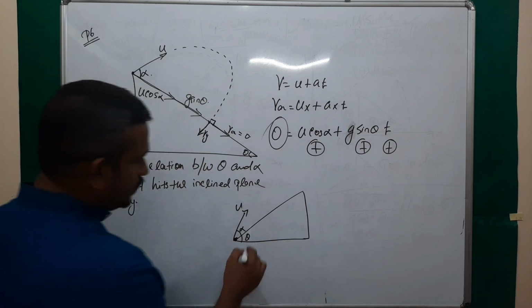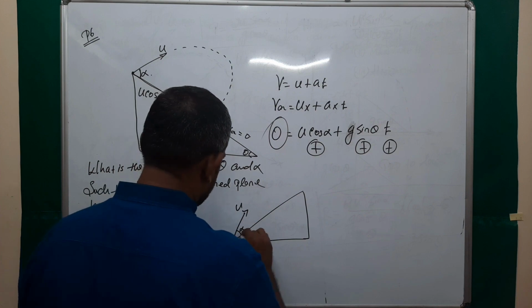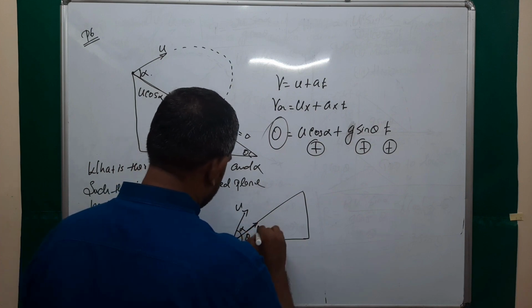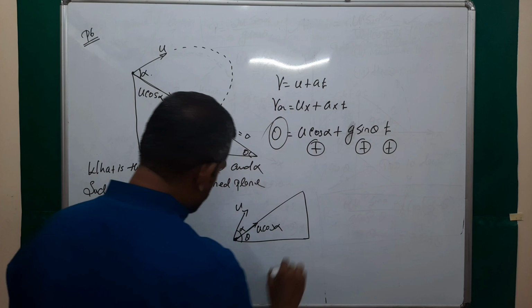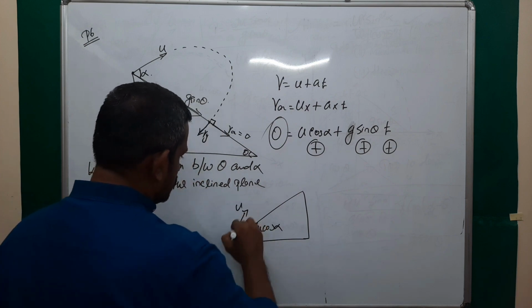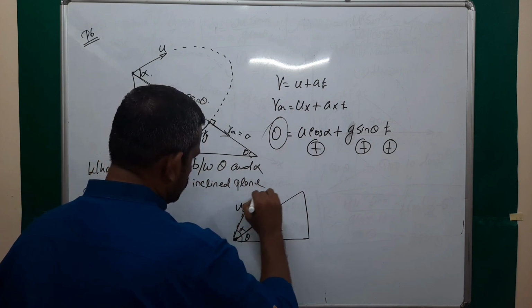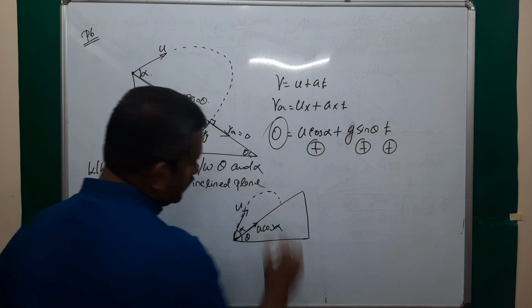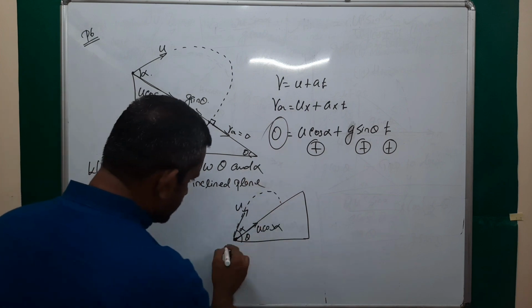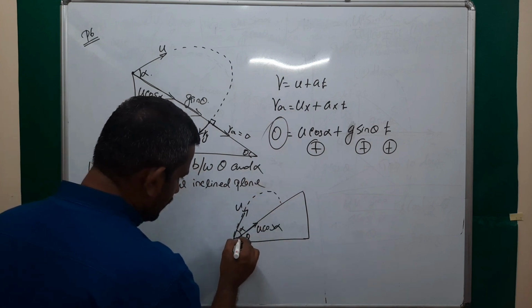So this is u cos alpha. So what is the projectile? It hits normally, because of acceleration.